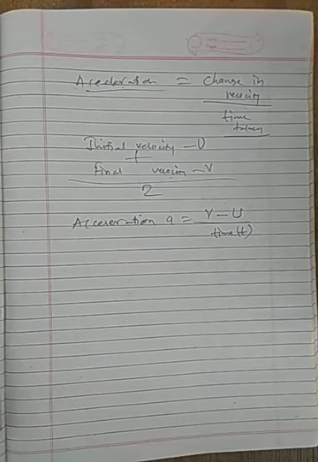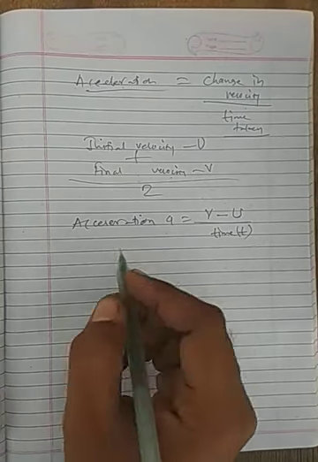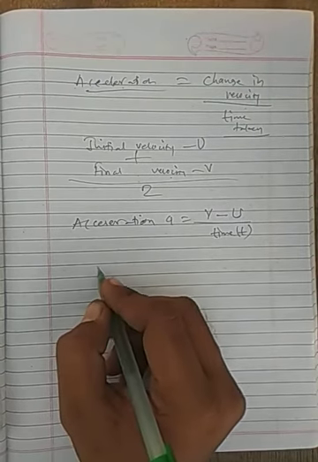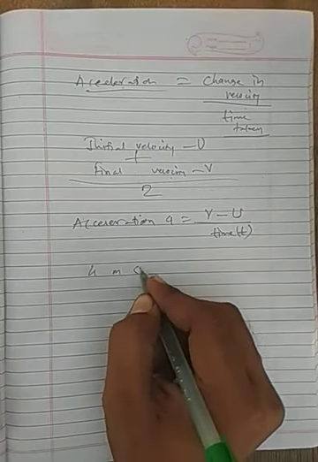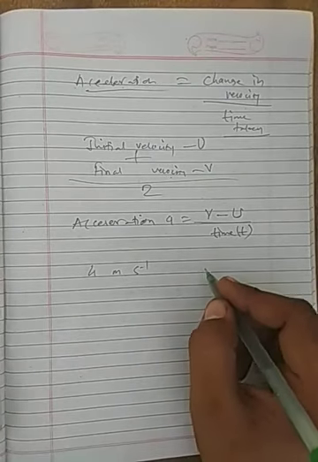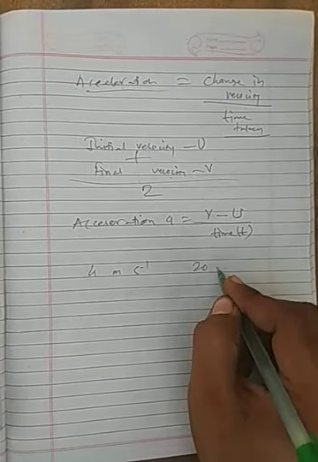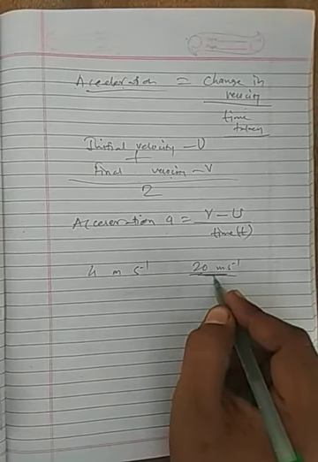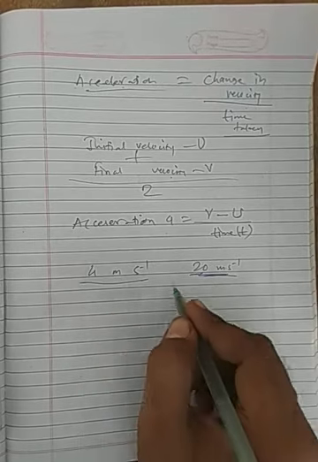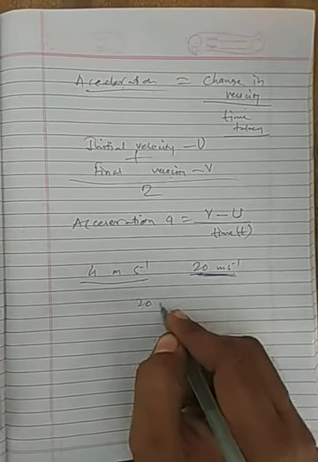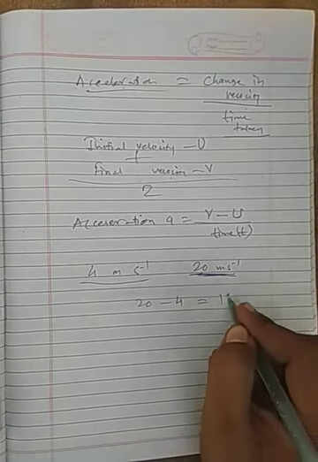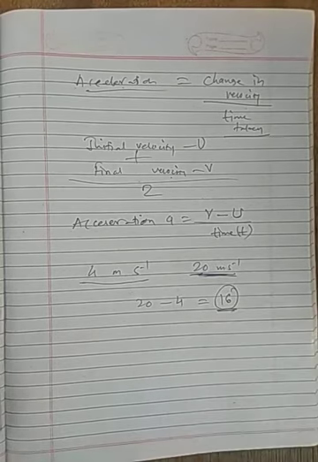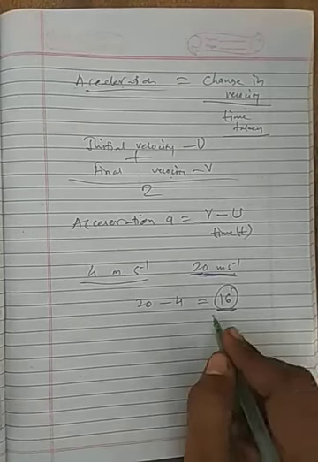It's called acceleration. If the initial velocity of an object was 4 meter per second and it reached its final velocity of 20 meter per second, you subtract the initial velocity from the final velocity, that is 20 minus 4, so you will get the change in velocity, that is 16, upon time taken.